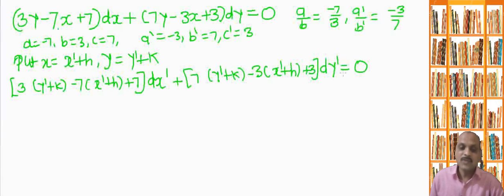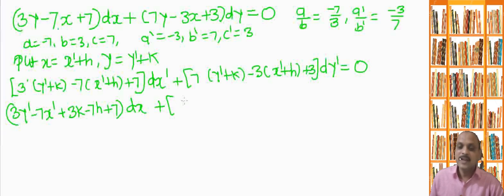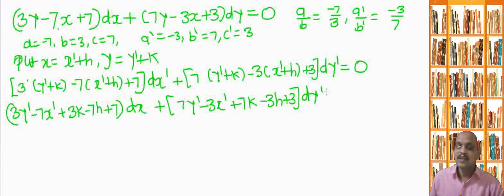Okay, here (3y' − 7x' + 3k − 7h + 7) dx' + (7y' − 3x' + 7k − 3h + 3) dy' = 0, right?